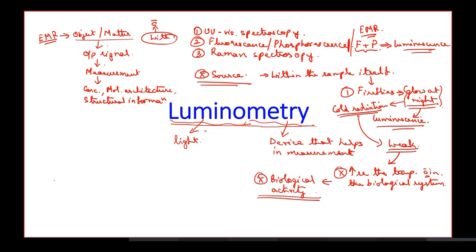Now, if you look into our previous systems, say for example fluorescence and phosphorescence, what was our architecture? We had a source, then some collimating system or lenses, then the object.